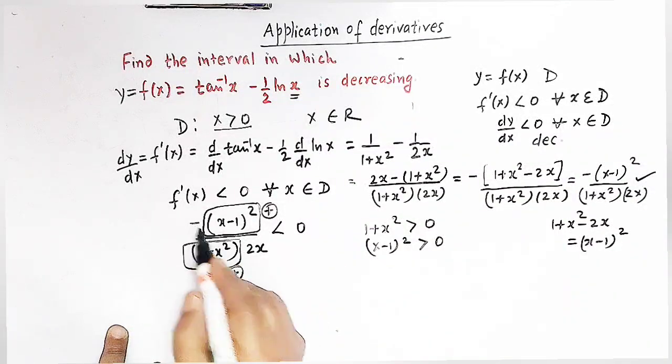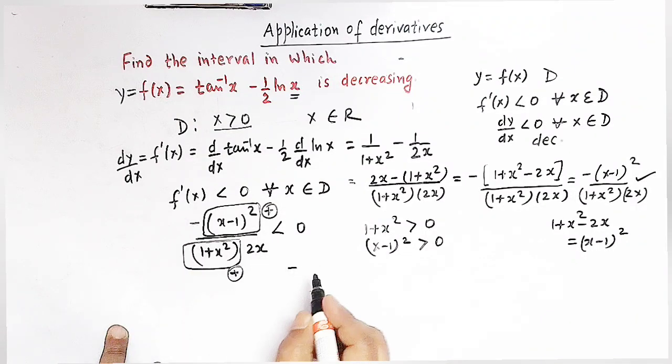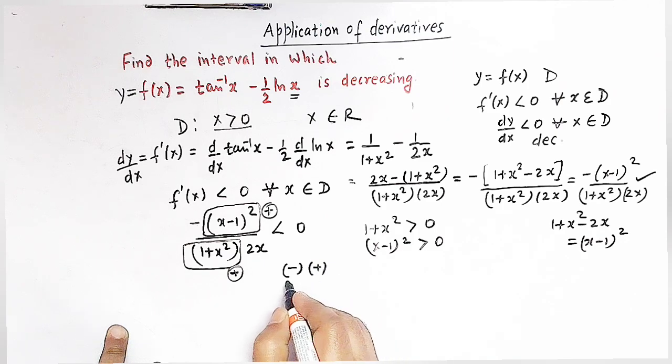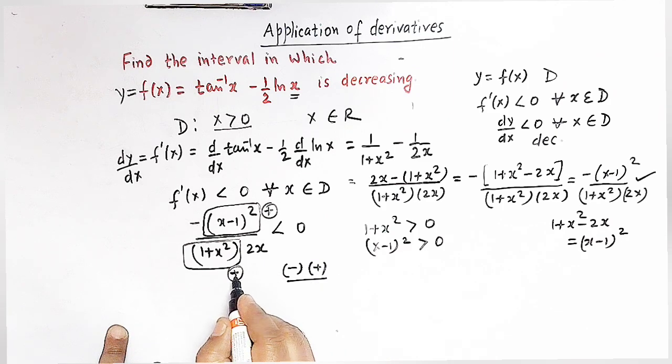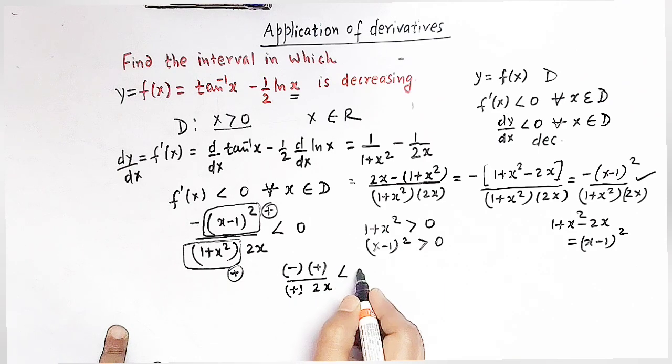So now from this inequality we have the negative sign, and here we have a positive quantity, and in the denominator we have a positive 2x. And this is less than 0.